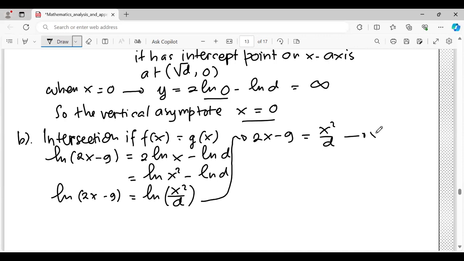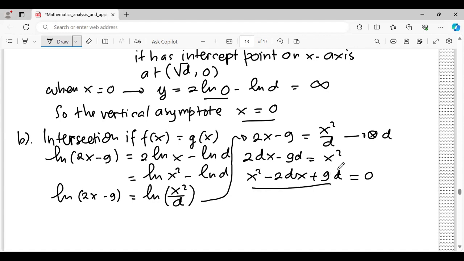Now multiply by d: it becomes 2dx minus 9d equals x squared, or we get the equation x squared minus 2dx plus 9d equals 0. This is the equation.